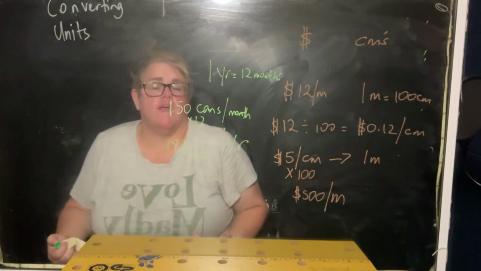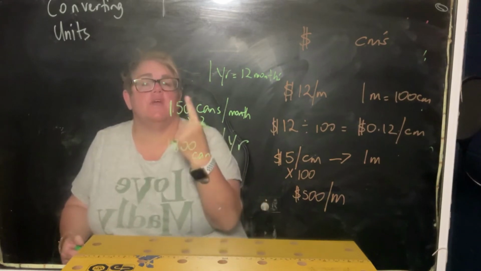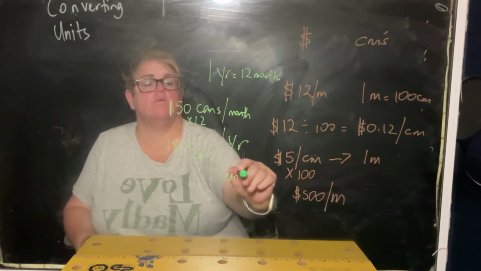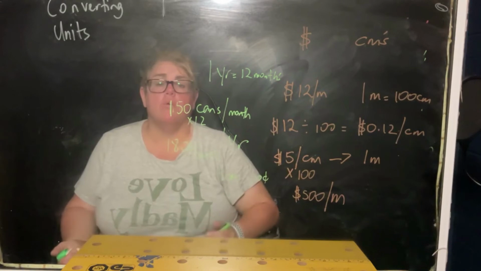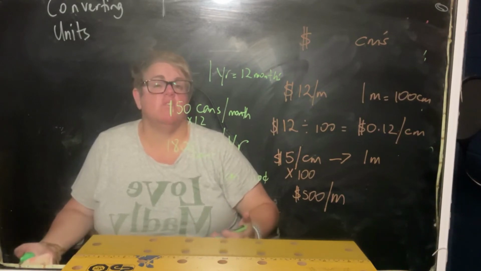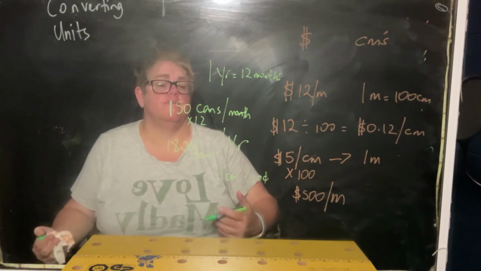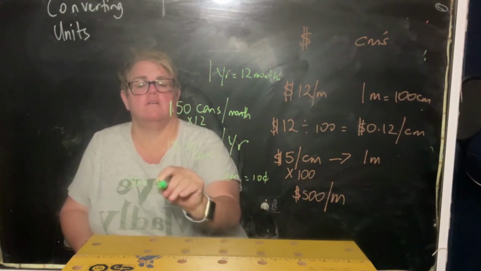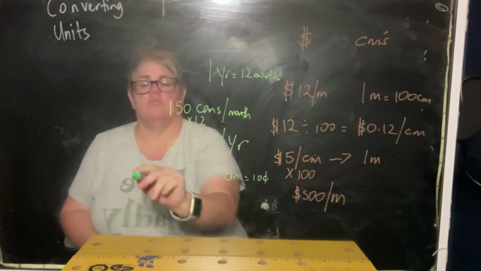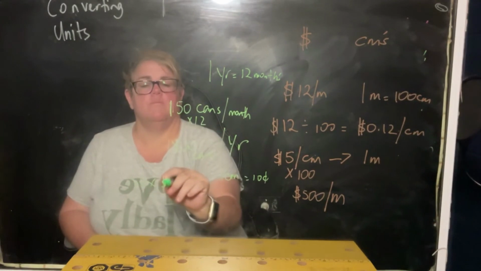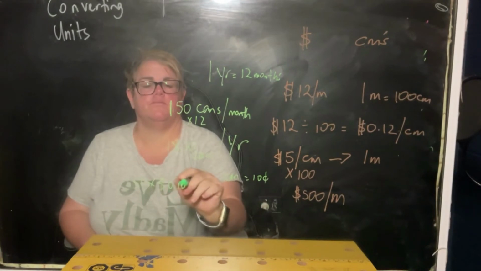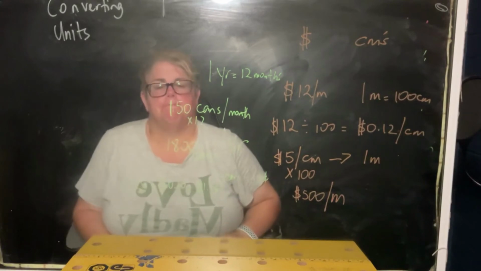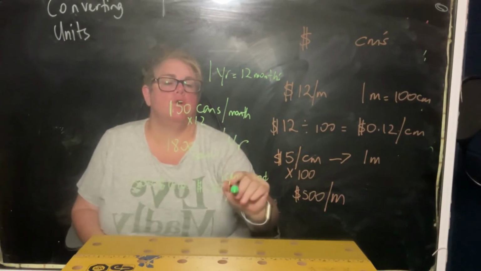We may then work out too that for every 1 can recycled or surrendered, 1 can equals 10 cents. So we might want to work out how much we can predict that we earn in a month and then a year. In this case, we have 150 cans times by 10 cents, which would give us $1.50 on average per month.